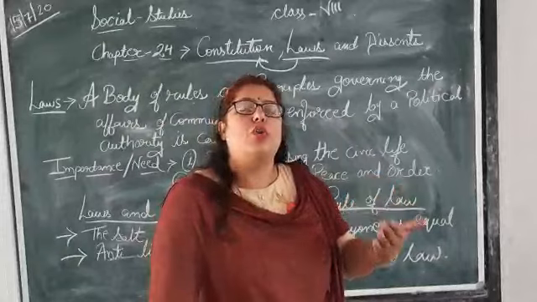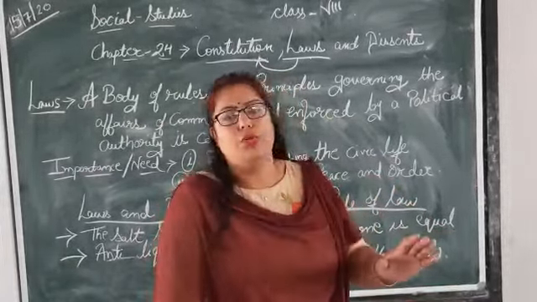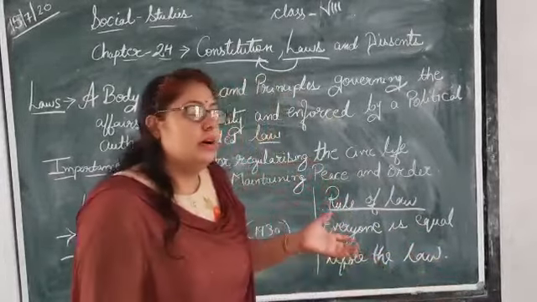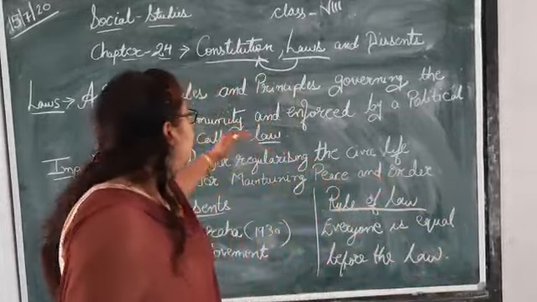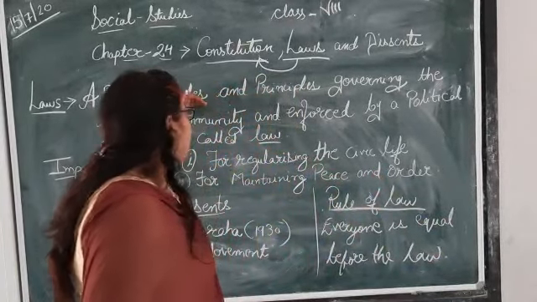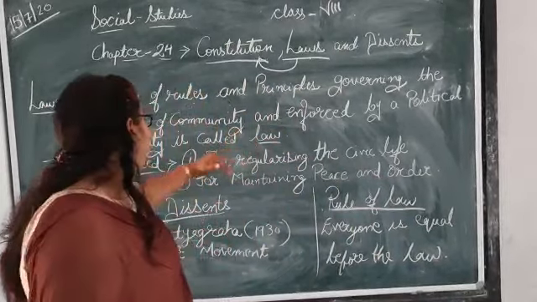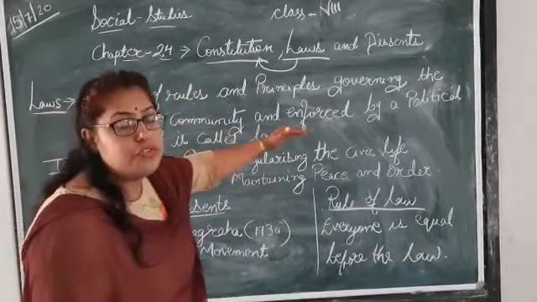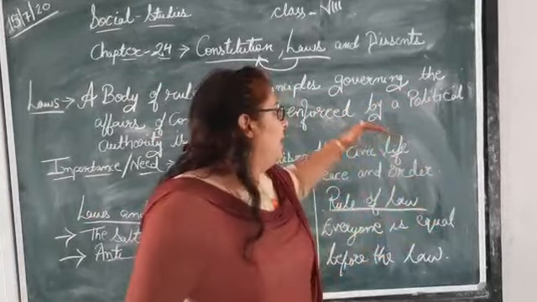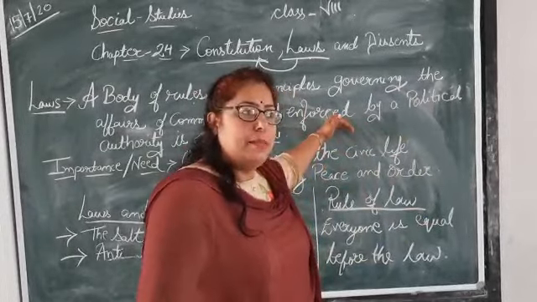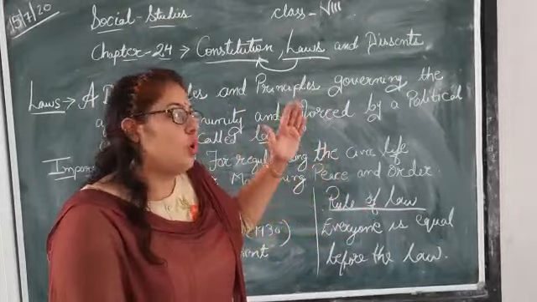If these laws are not enforced, then nobody is going to bother about them or follow them, and there will be mismanagement and disorder in the country. So these laws are principles or rules made by our political authorities, political leaders and government, and enforced through our judiciary. They are made mandatory, which means citizens of a nation have to follow these laws.